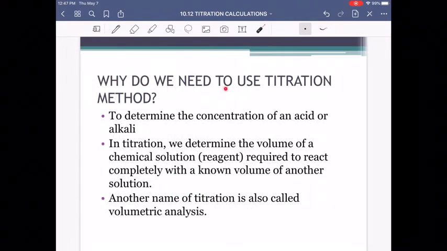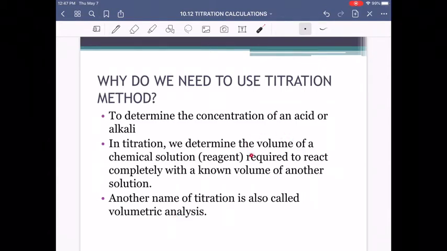Why do we need to use the titration method? Firstly, to determine the concentration of an acid or alkali. In titration, we determine the volume of a chemical solution, the reagent, required to react completely with the known volume of another solution. FYI, another name for titration is volumetric analysis.